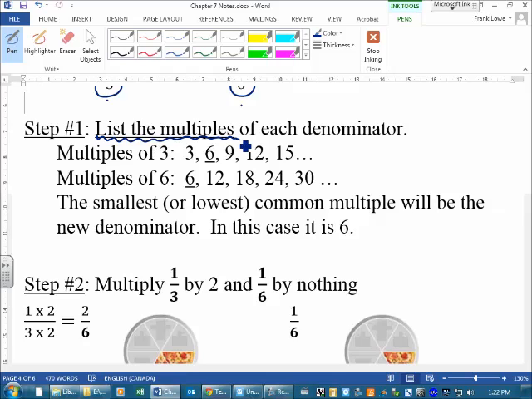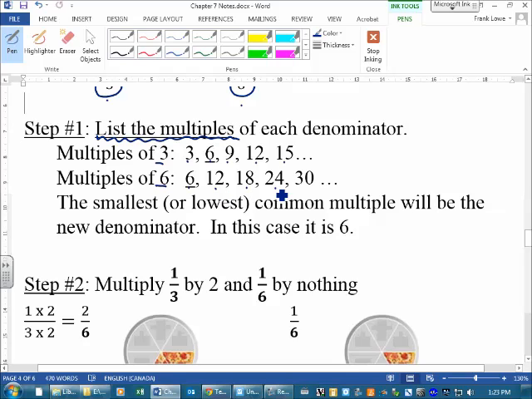If you couldn't find that common denominator, this is how you could do it. You take the 3 and start skip counting and list them: 3, 6, 9, 12, 15, etc. Depends on the numbers as to how far you need to go. Multiples of 6: 6, 12, 18, 24, etc.